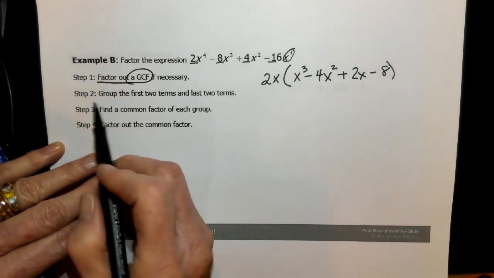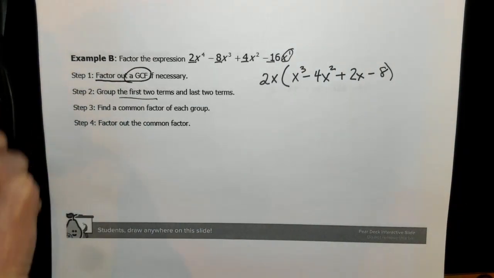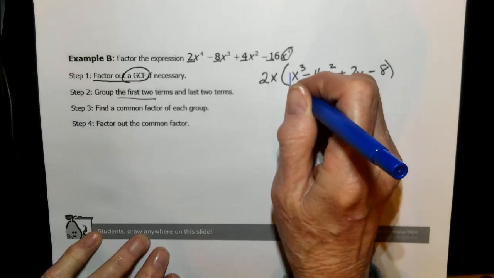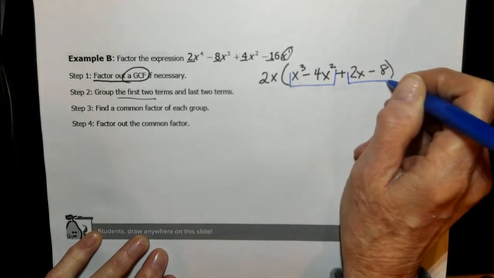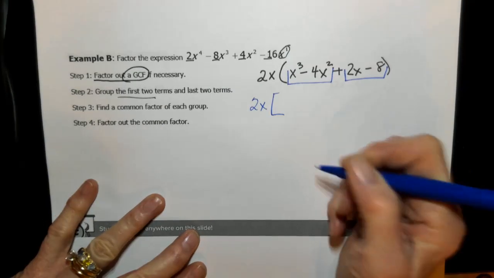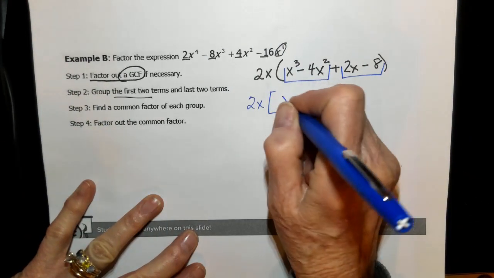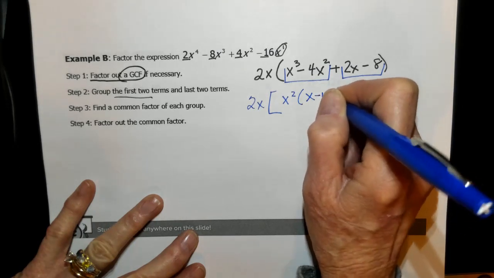All right. Oh, and then we do the same thing. Group the first two terms together, and then group the second two together. So these two come together, leave the plus, these two come together. So then the 2x stays out there again. This time it's better to use a bracket, keep them out there. And then this would be x squared times x minus 4.